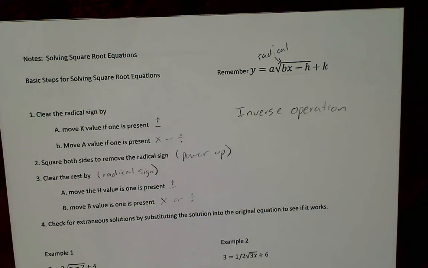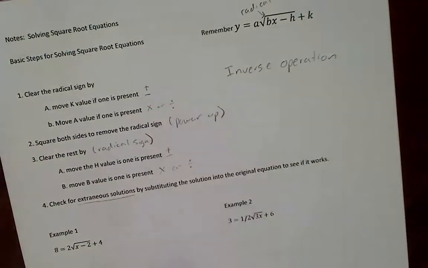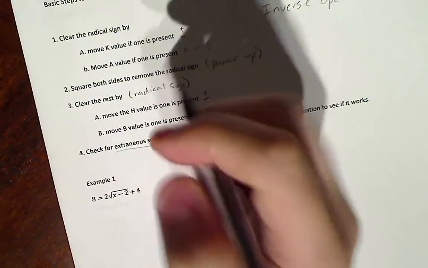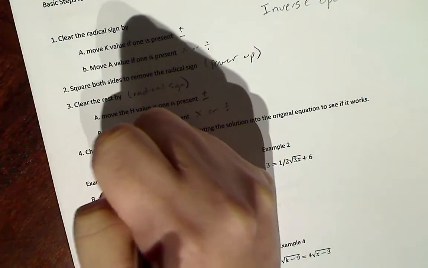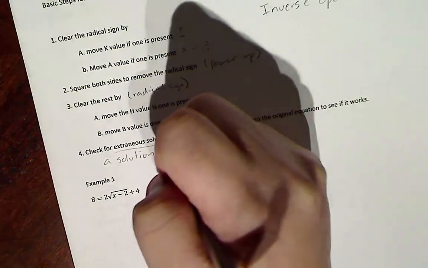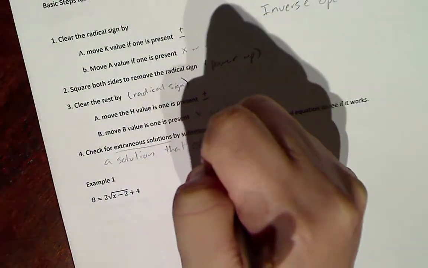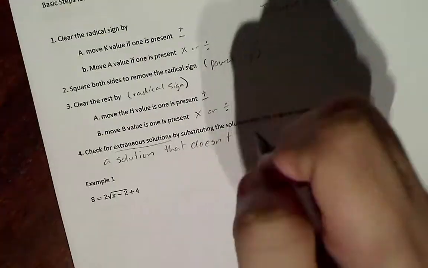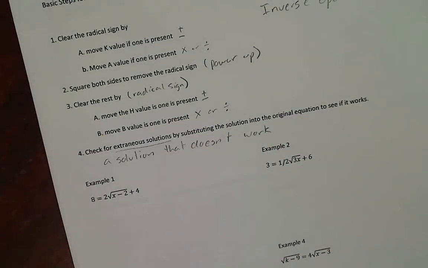Once that's done, we're going to do something called checking for extraneous solutions. If you don't remember what an extraneous solution is, essentially it's a solution that doesn't actually work, okay? It could be for different reasons. The best way to describe it is it doesn't validate the equation.